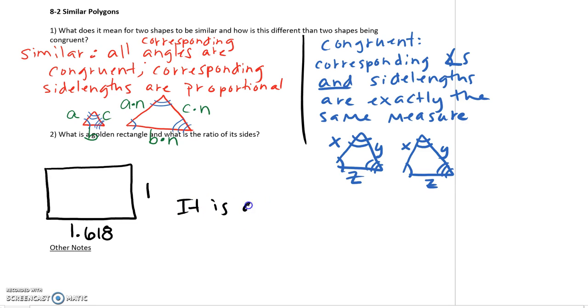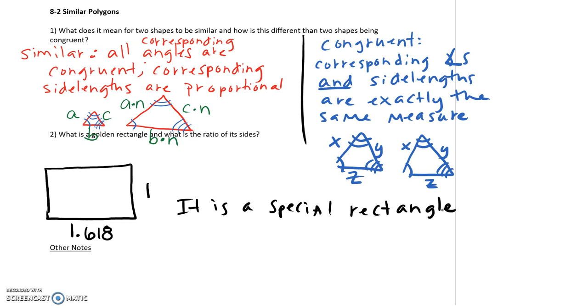It is a special rectangle. It often comes up in real life situations. Just so you know, if you did advanced biology, the golden rectangle comes up a lot. It also comes up in art a lot. It turns out if you survey humans and you say which is the prettiest, they almost always choose something that's this particular proportion.